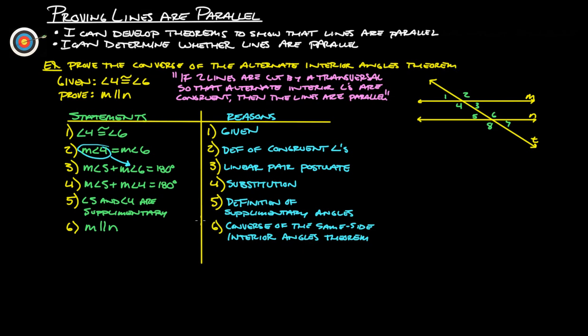Okay, so if we have that angle 5 and 4 are supplementary, then we know that M and N have to be parallel lines, right? And that's because of the same side interior angles theorem, and so we figured out that since we had angle 4 congruent to angle 6, alternate interior angles, those are also parallel lines.